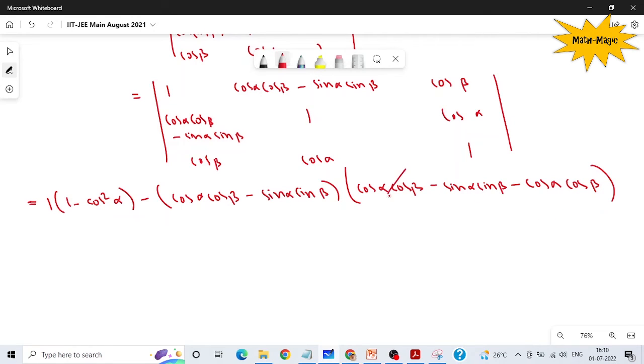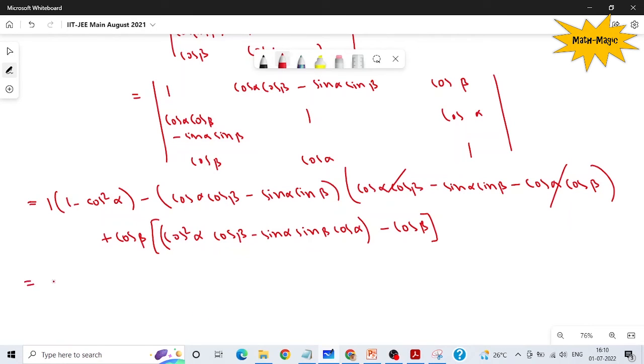Okay, so the plus cos alpha cos beta and minus cos alpha cos beta get cancelled, then plus cos beta times (cos square alpha cos beta minus sin alpha sin beta cos alpha), then minus cos beta. Now we just have to simplify this.